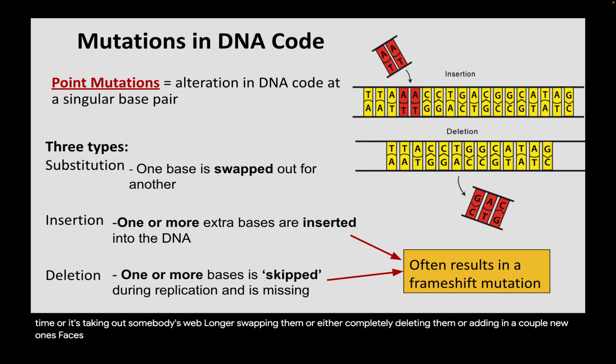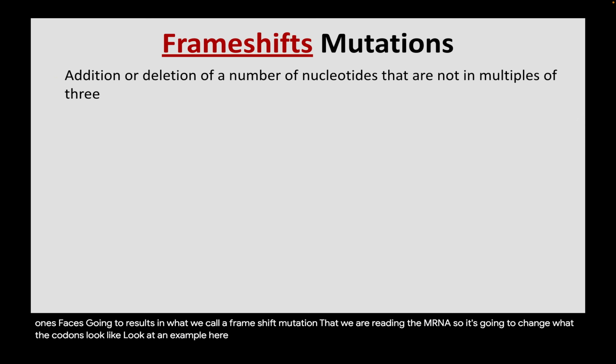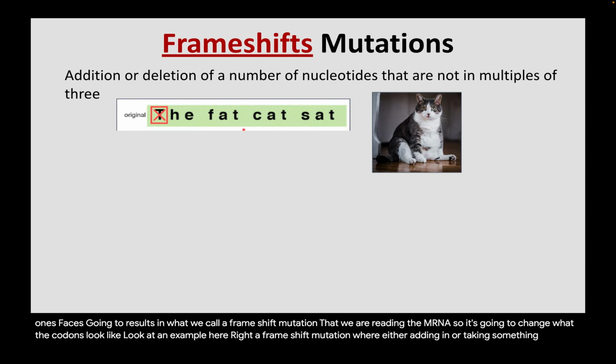It's often going to result in what we call a frame shift mutation. So it's going to change the way that we are reading the mRNA, and it's going to change what the codons look like. So let's look at an example here. With a frame shift mutation, we're either adding in or taking something out.